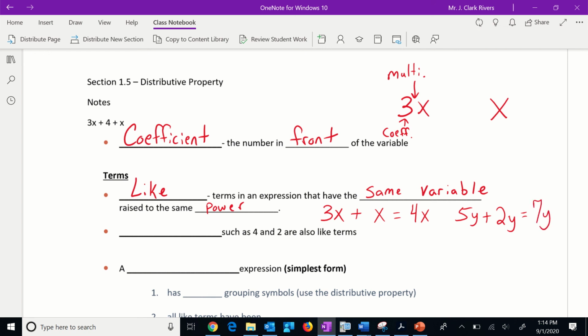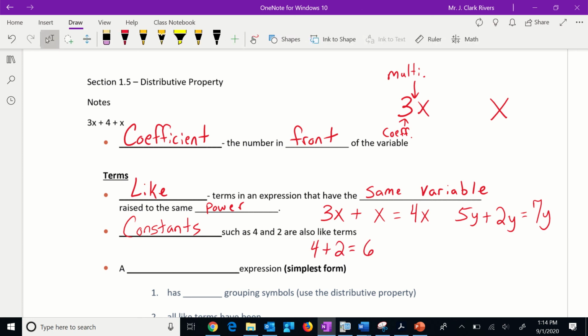So we can combine like terms. Constants such as 4 and 2 are also like terms. We can combine constants as well. They are like terms, so we can combine them. 4 plus 2 is equal to 6. We can combine like terms.